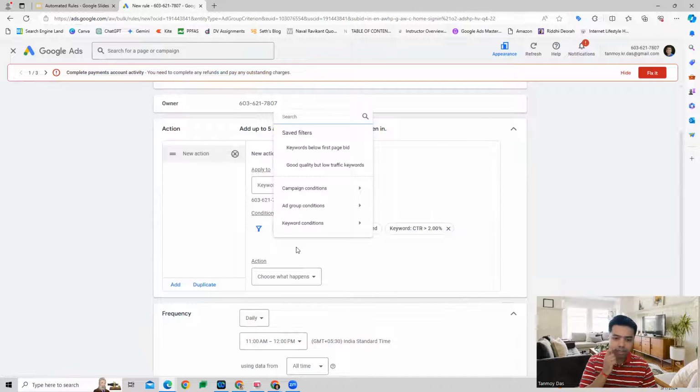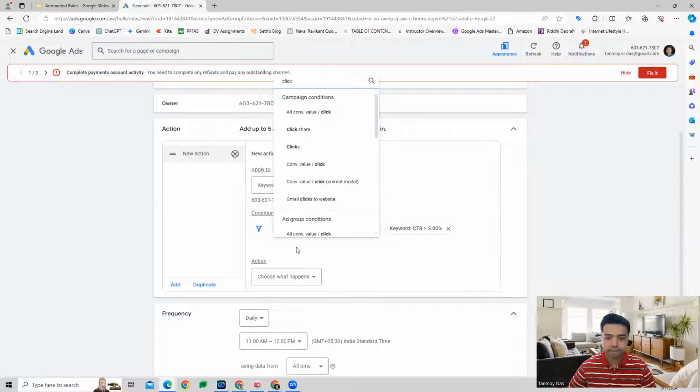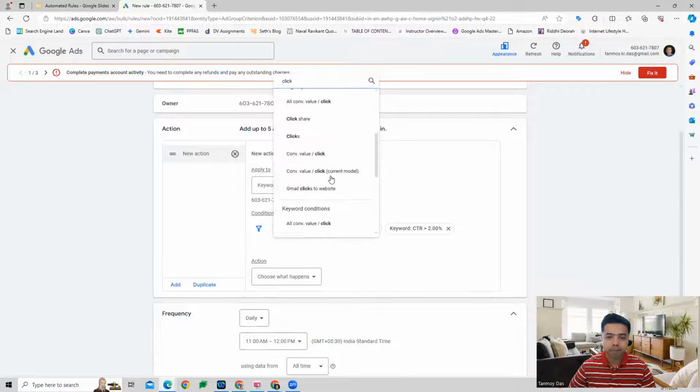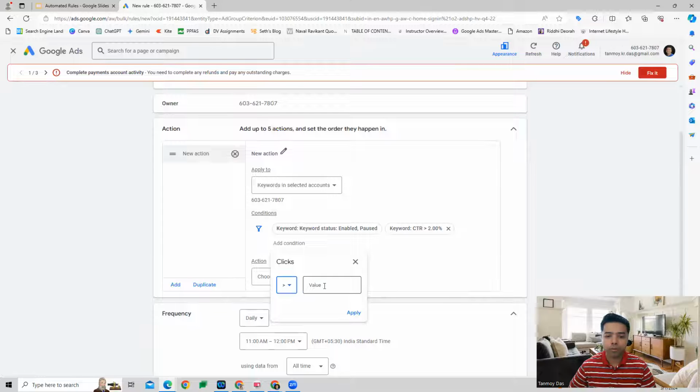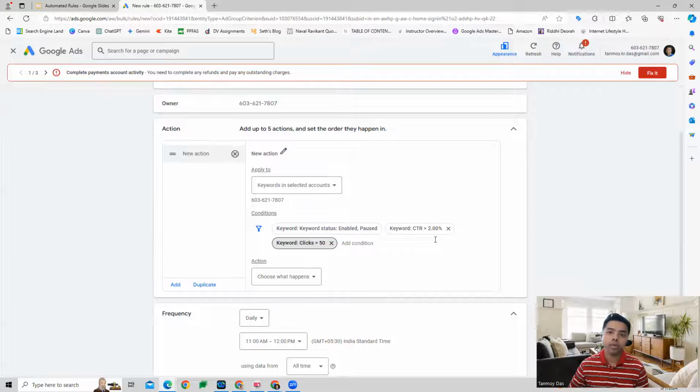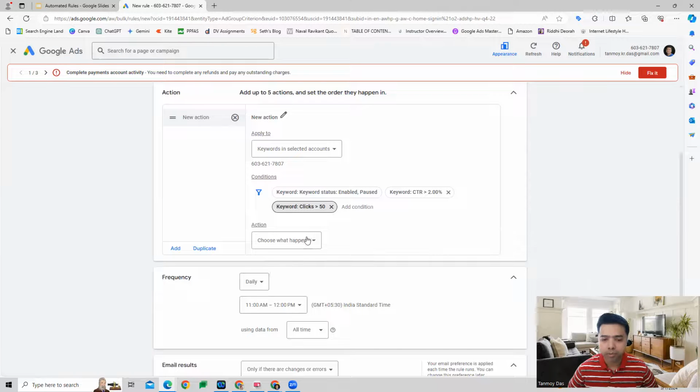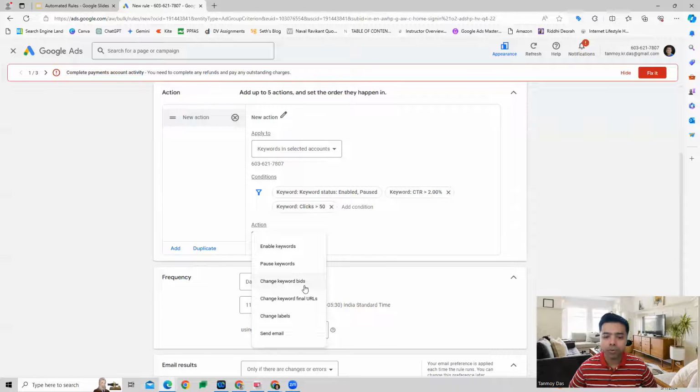Also, let's say the clicks coming from those keywords are more than 50. So if there is a keyword whose CTR is more than 2% and the clicks are more than 50, for such a keyword, I want to take the action. The action is that I want to increase the bids for such keywords. So what we want to do is change the keyword bids.